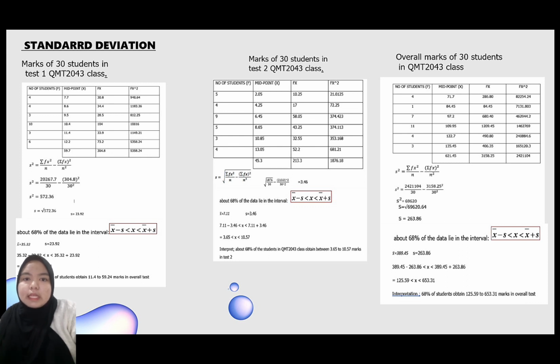About 68% of the data lie in the interval mean minus S less than X less than mean plus S. So the mean is 35.32 and the S is 23.92.